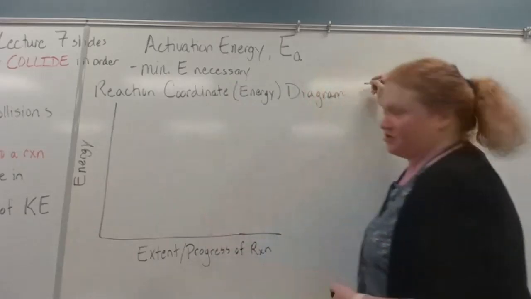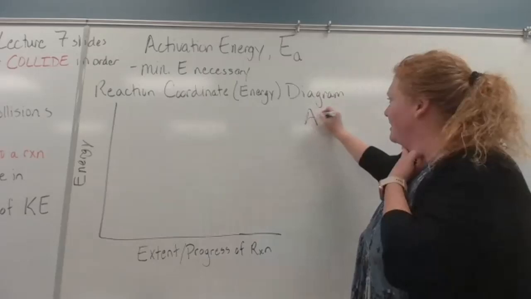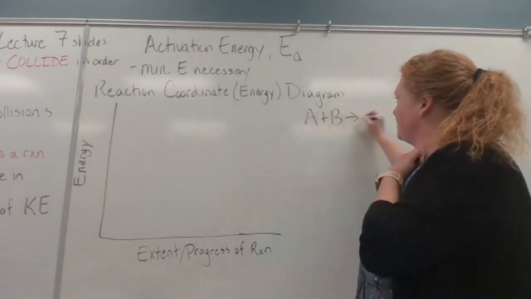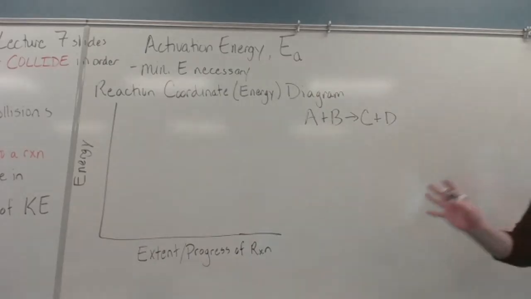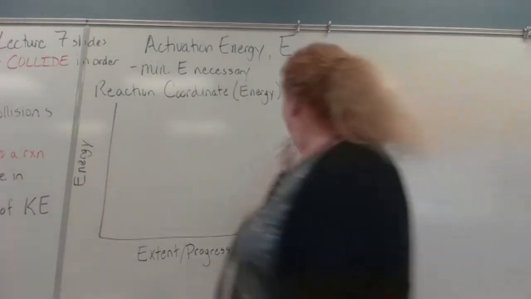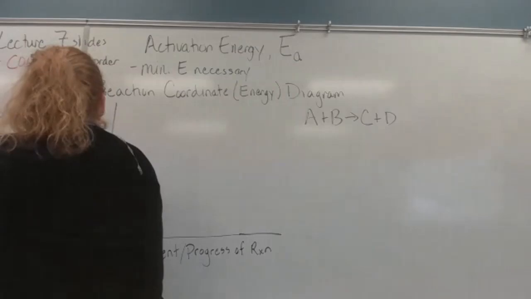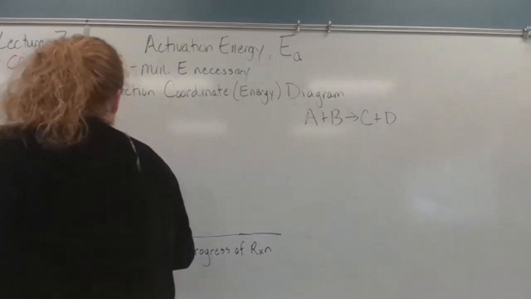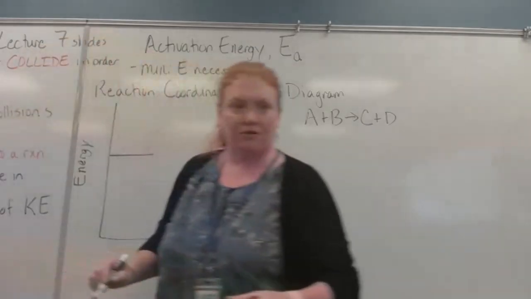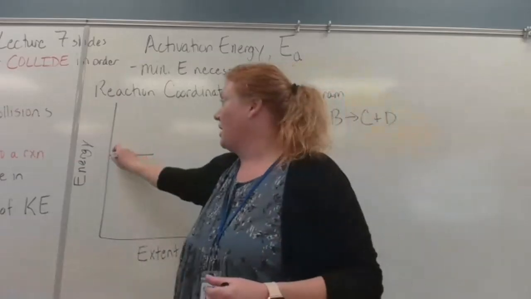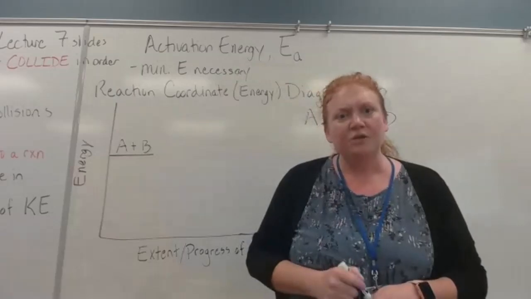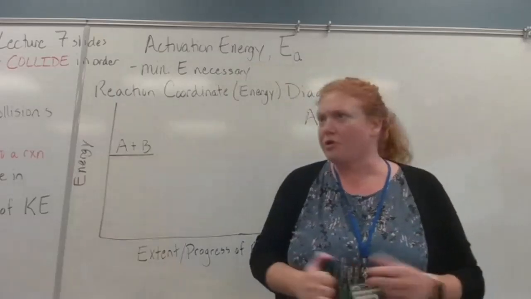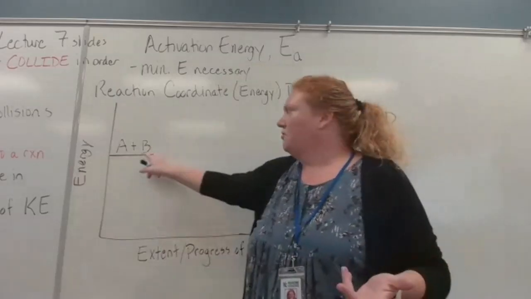Whenever you start off with a reaction, let's just say I've got A plus B forms these two products, generic reaction. My reactants together have some amount of combined energy. Don't they? Didn't we learn that in thermochemistry?